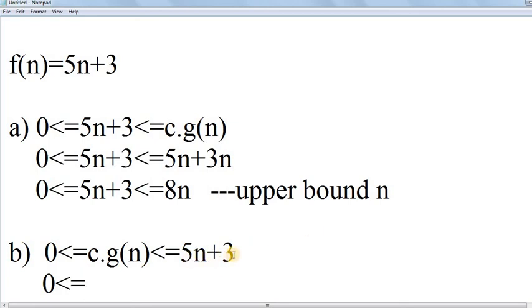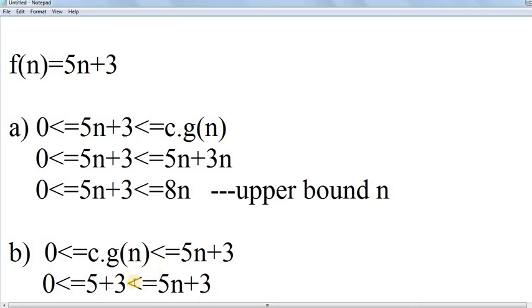Now at the time of copy, we will be multiplying every constant with the lowest possible digit. So here you will say 5 plus 3. This will be less than or equal to 5n plus 3.